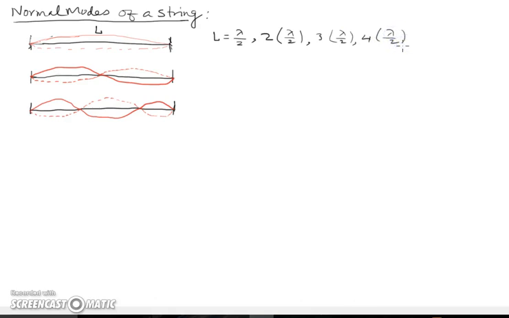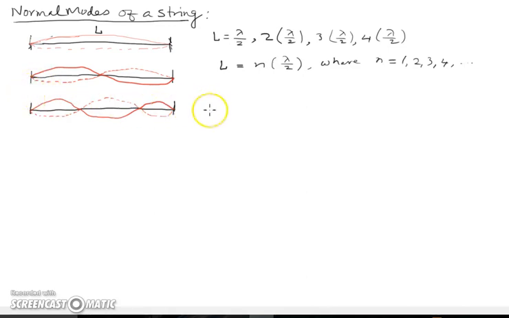Or we can write in generic terms, so L, the length of the string, will be n times lambda over 2, where n can be 1, 2, 3, 4, and so on, all these integer values, right?